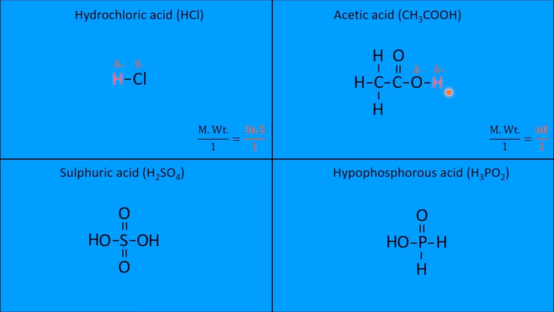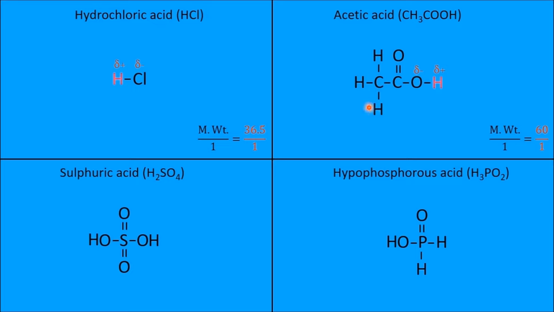What is the reason behind it? Here, out of 4 hydrogen atoms, this is a hydrogen atom, this is a hydrogen atom, this is a hydrogen atom, this is a hydrogen atom. In the case of the C-H bond, polarity is not there because the electronegativities are close.